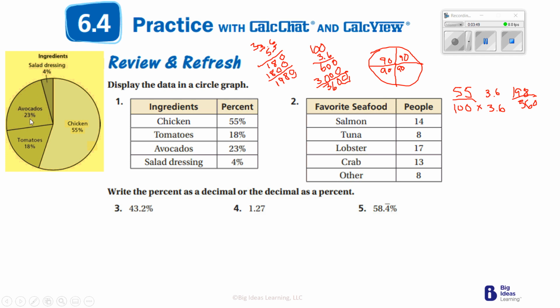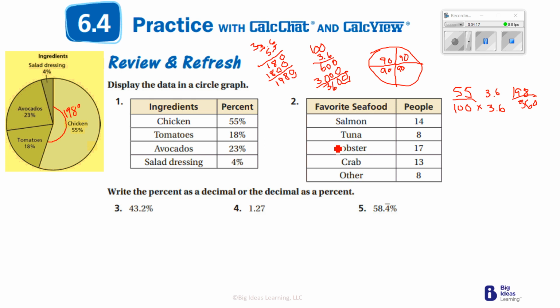The avocados will be 23 times 3.6 as well, and so will 4. You multiply by 3.6, and it'll give me the degrees. So when I'm saying degrees, remember this is 198 degrees. I'm saying that from here to here, that's 198 degrees.